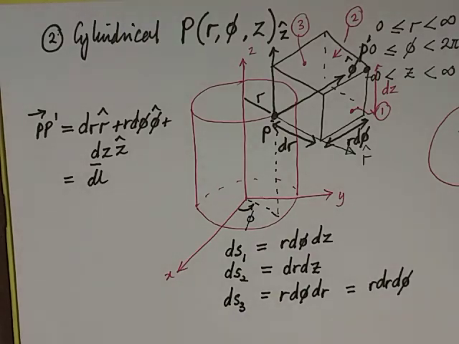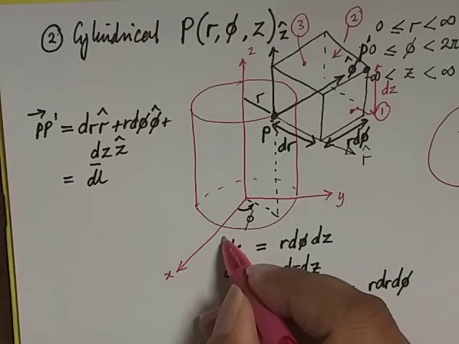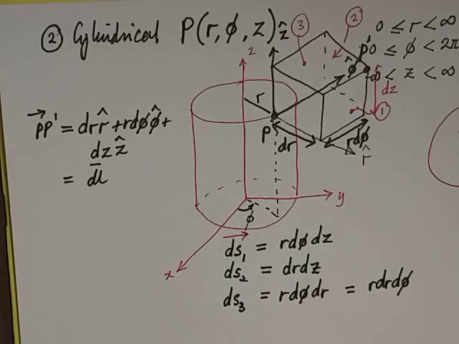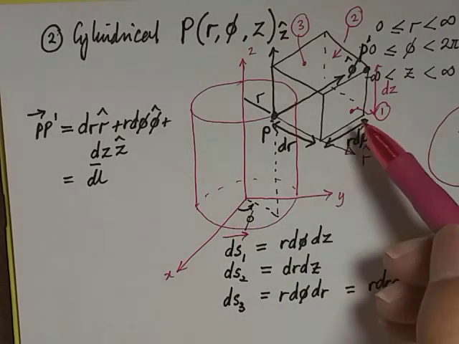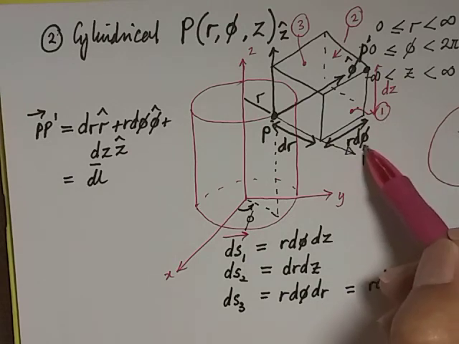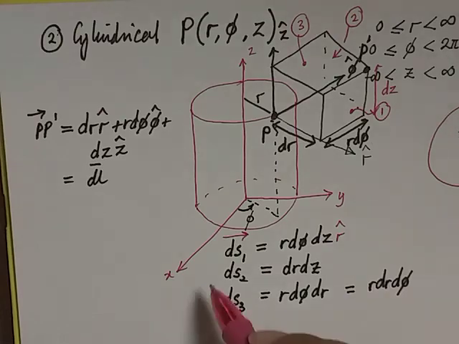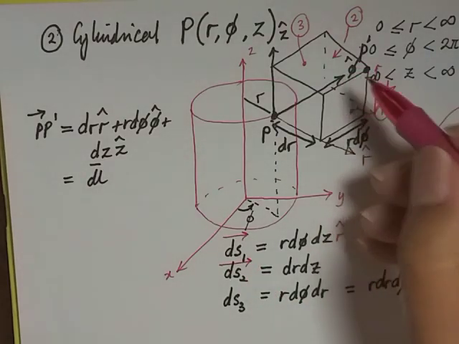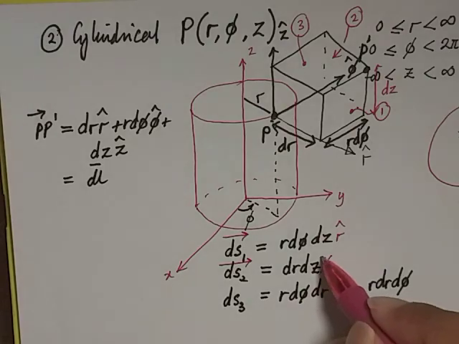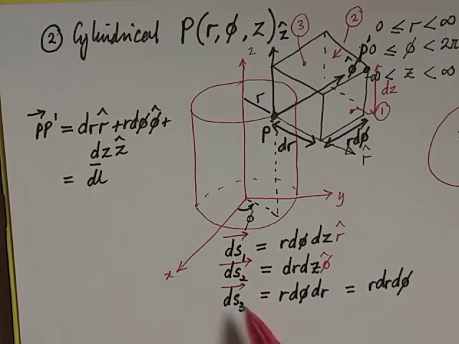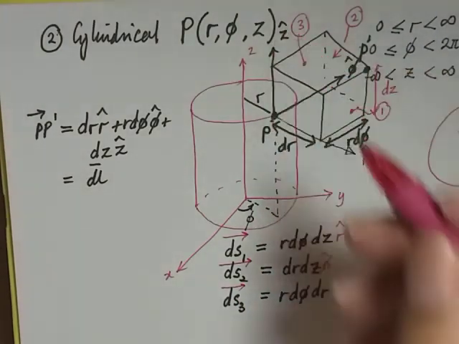Okay, that's done. Now let's define the surface vector. I'm going to give the direction now. The direction must be normal to the area. For surface number 1, the normal is going to be r. For surface vector number 2, the normal should be phi. For surface vector number 3, the normal should be z.